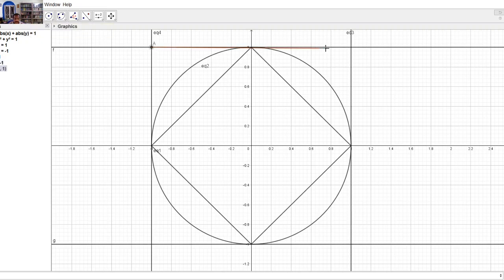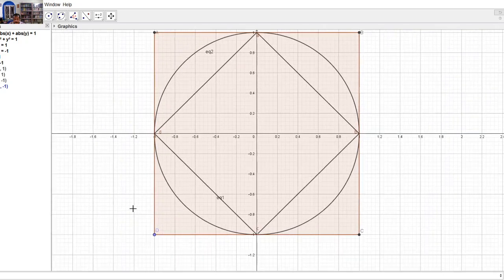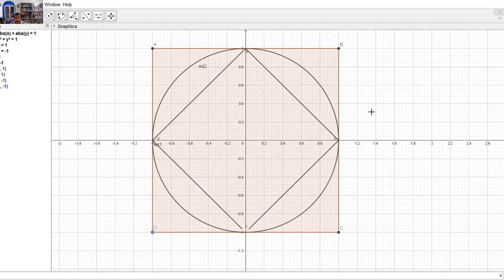So this is A, B, this C, this D, and E. So this A, B, C, D, A. You have a rectangle, a unit square.